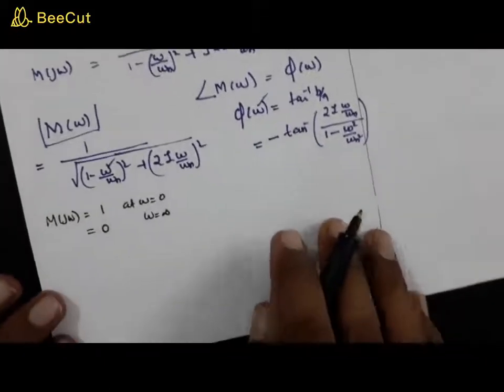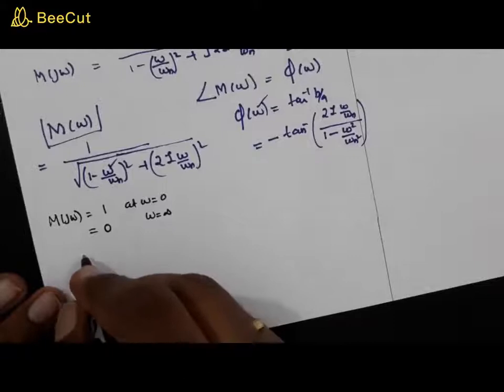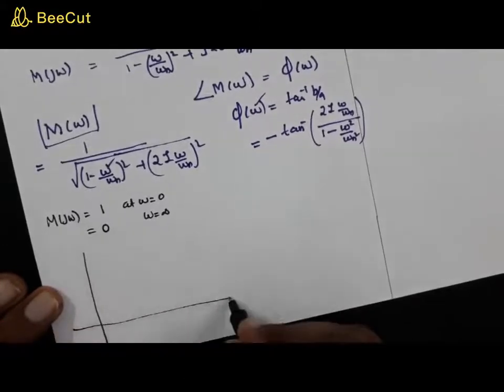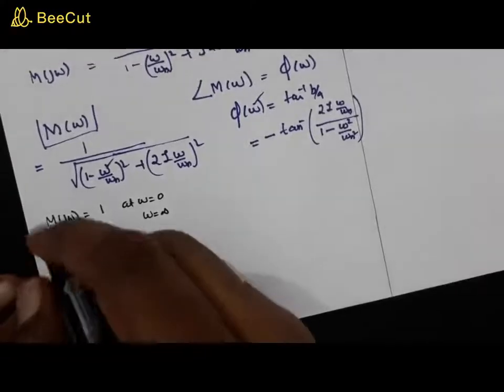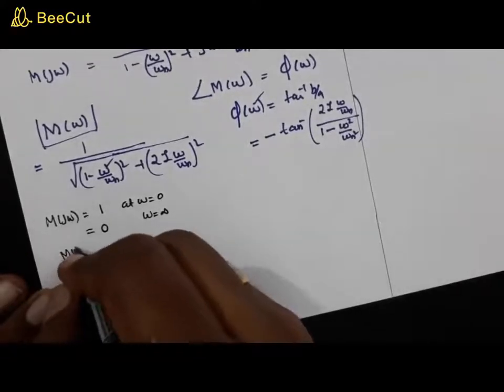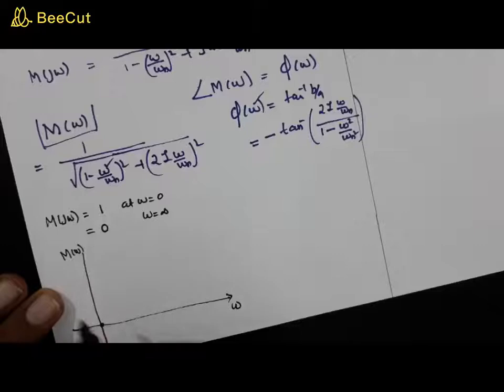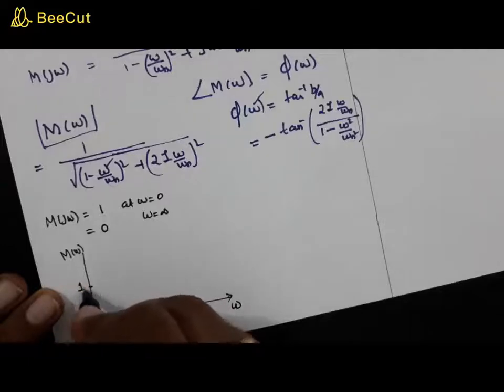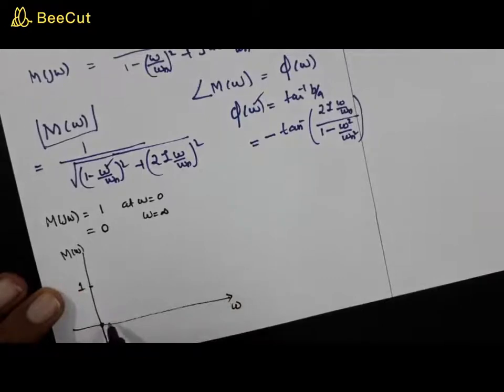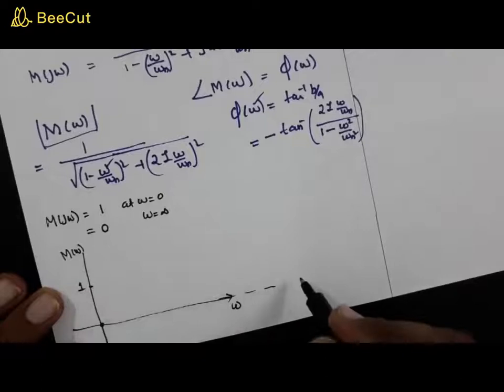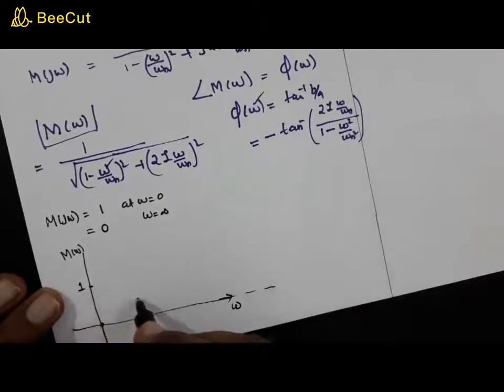So if you want to plot this, this axis is omega, and this one is M of omega. As omega is 0, its value is 1, right? Then as omega reaches infinity, this will be 0. So you may be feeling that it is going like this.